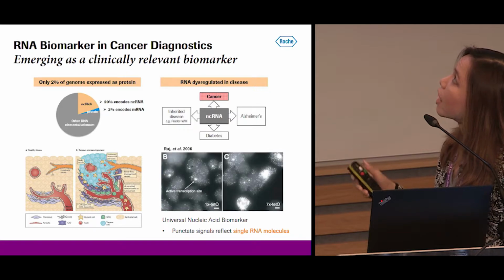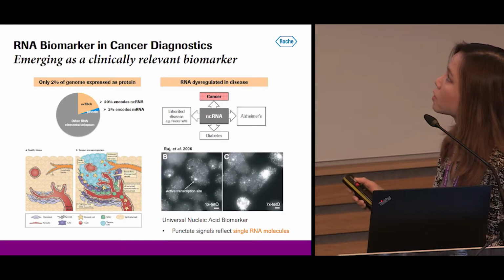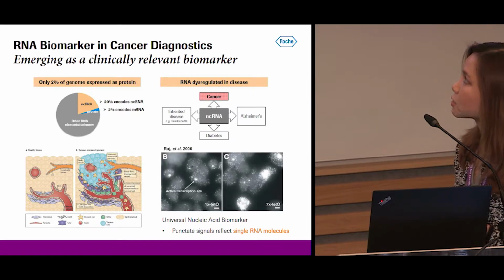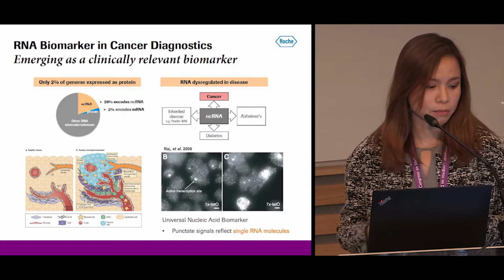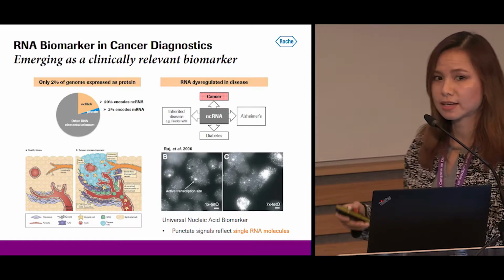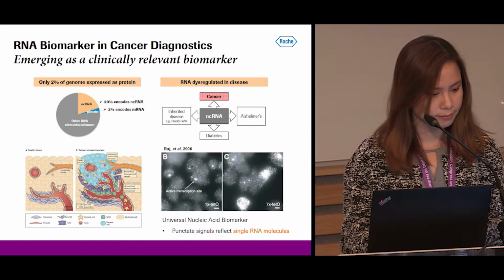Basically, the RNA biomarker is a universal nucleic acid biomarker, present in the form of punctate signals. Each punctate signal can reflect a single molecule of the RNA.